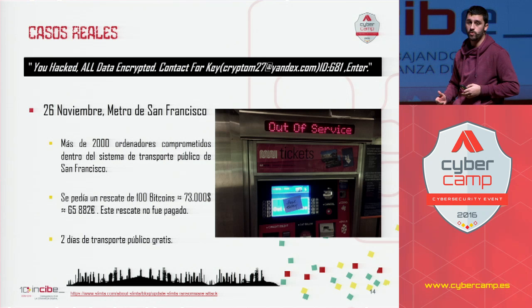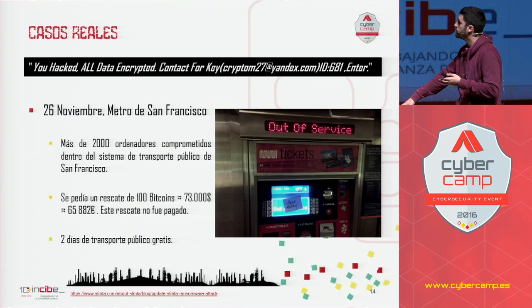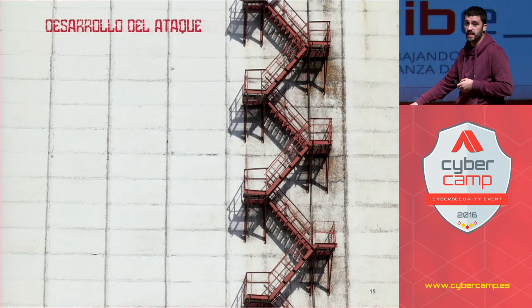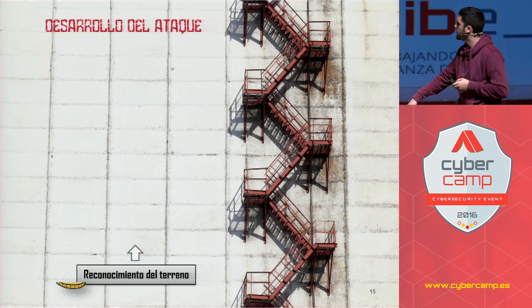And you see, 3 days for transportation because the boxes for the tickets were not working properly, and they decided that people should use the service even if free of charge. And that was the message by the ransomware author, saying that data had been encrypted and that they should contact him.